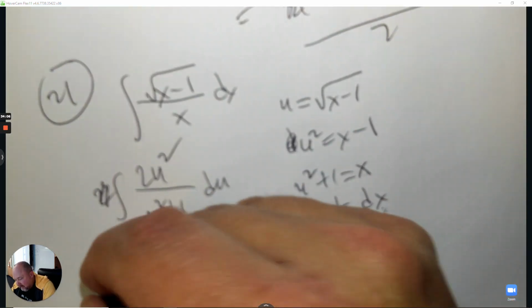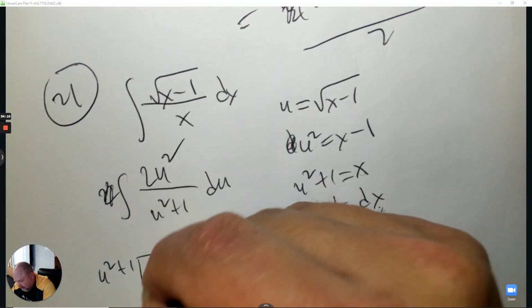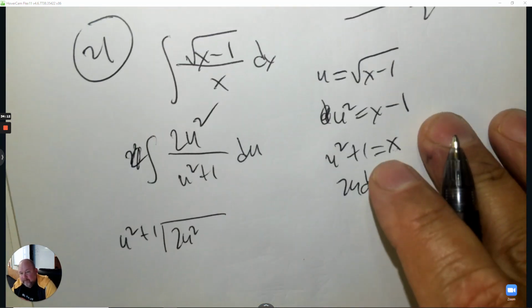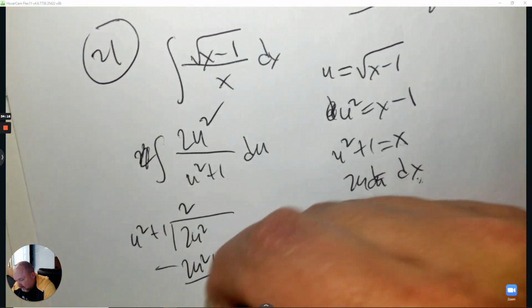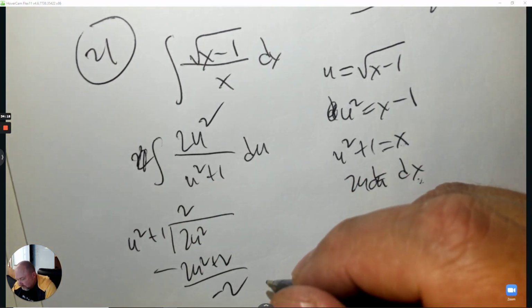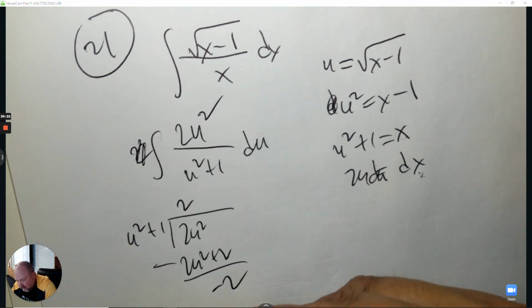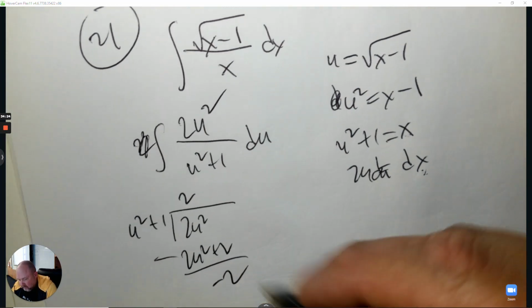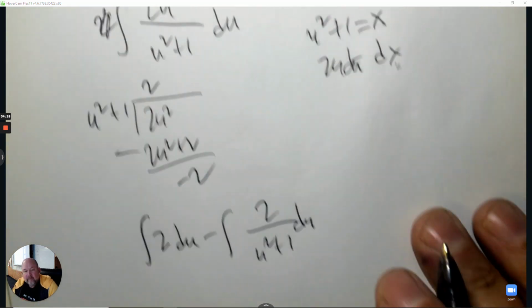Now the degrees match, so we have to divide. That's 2. Subtract, the remainder is negative 2. So come back here again. So now it's 2 minus 2 over u squared plus 1.